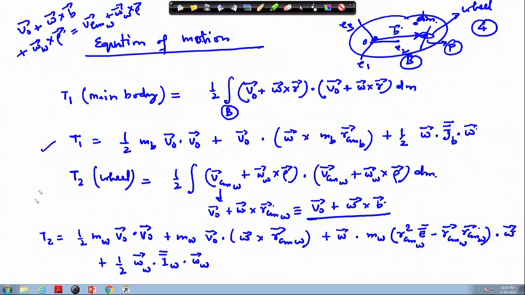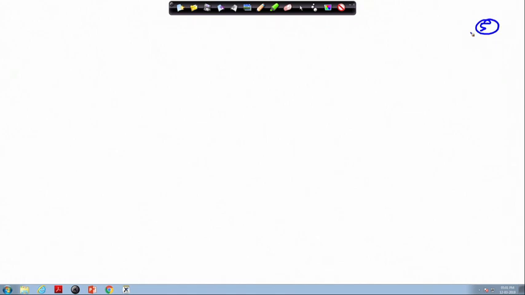Now we can add T1 and T2 and combine these terms. It is a little time-consuming, but you can always do it by combining all of them.